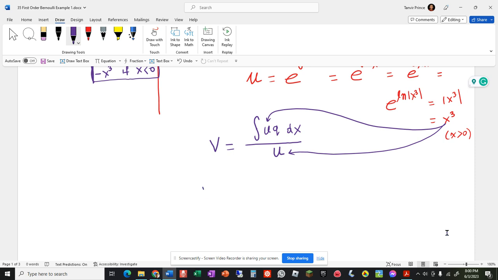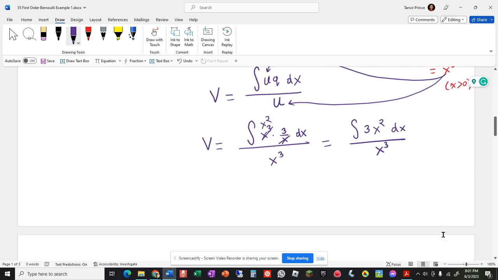So v is equal to the integral, where u is x cubed and q is 3 over x, dx over x cubed. So this is just x squared. All I have inside is the integral of 3x squared dx over x cubed.